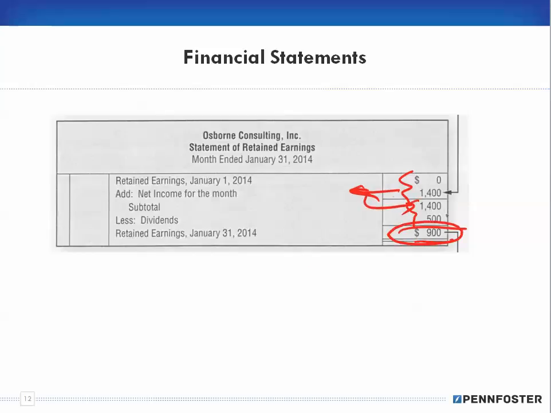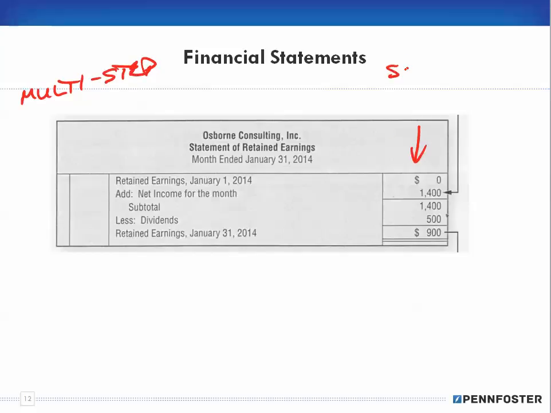If I wanted to use multiple columns, and remember, multiple columns are called a multi-step statement, one column is called a single step. When it comes to retained earnings, unless you're into the big corporations, and you'll learn about this in intermediate accounting if you take it, for everybody else, doing a single step for the statement of retained earnings is the way to go.